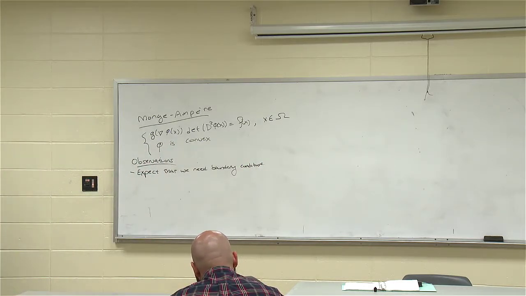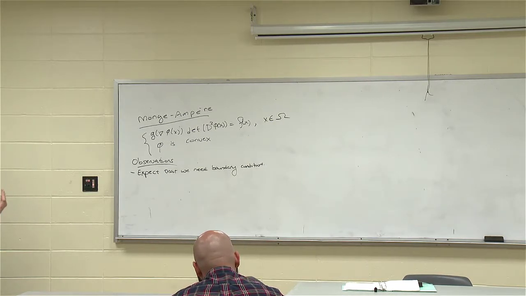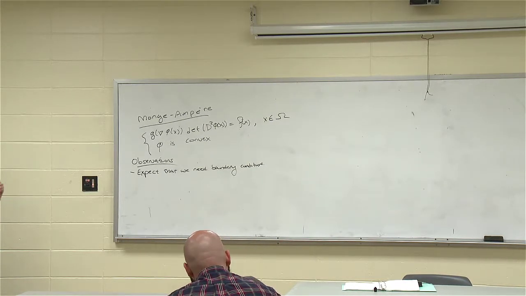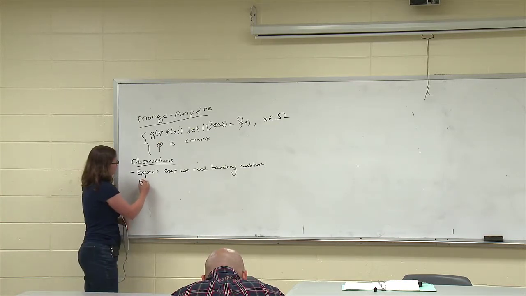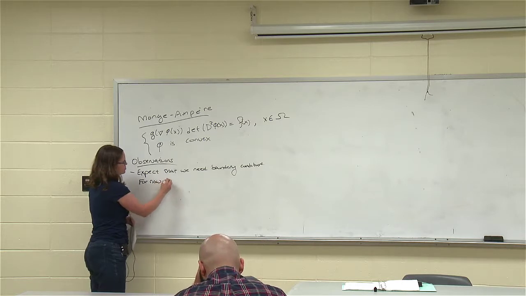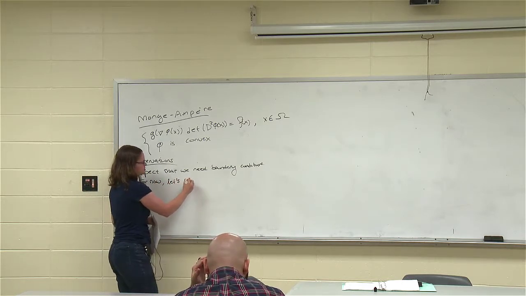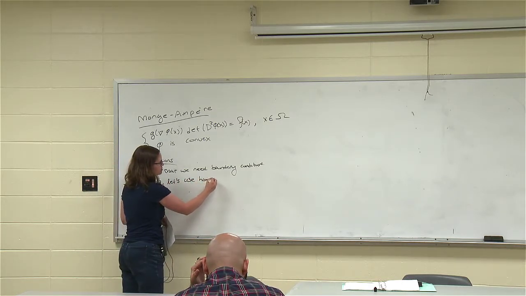I'm going to start simple, and for now we'll just work with the Dirichlet boundary condition. Then later on we'll talk about what boundary condition really makes the most sense in the context of optimal transport. But for now, let's just use homogeneous Dirichlet conditions.